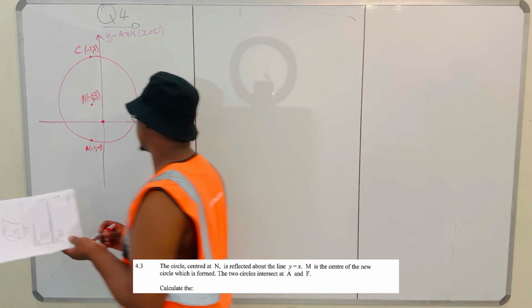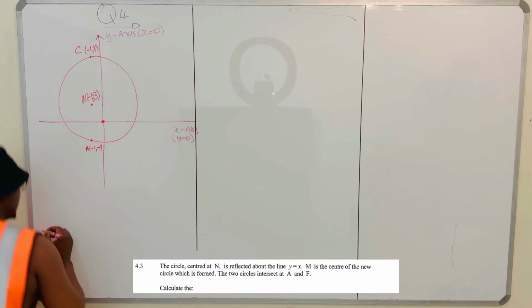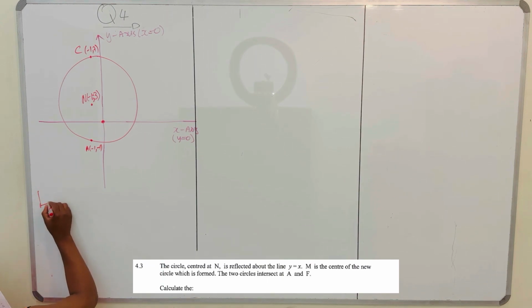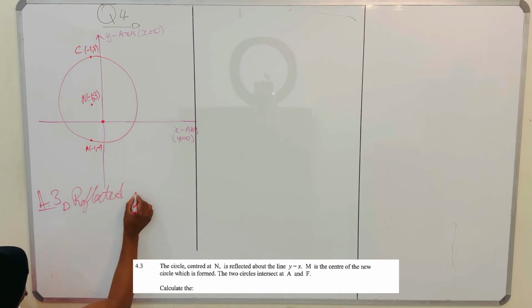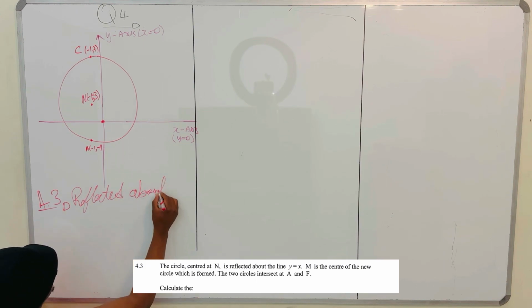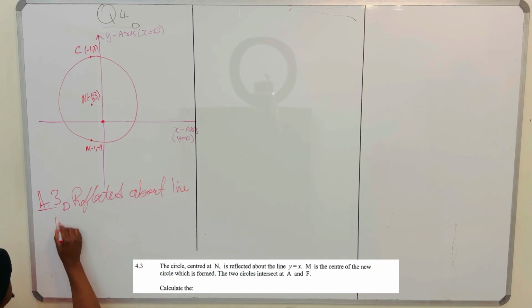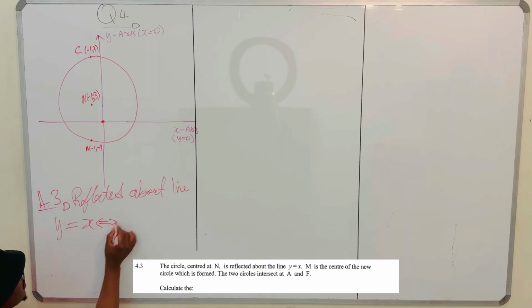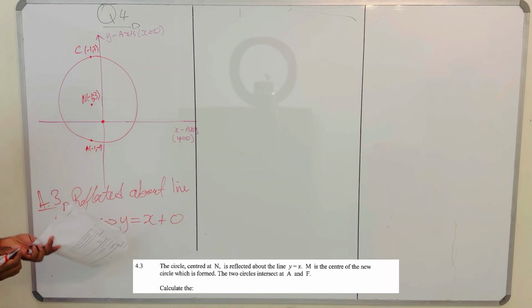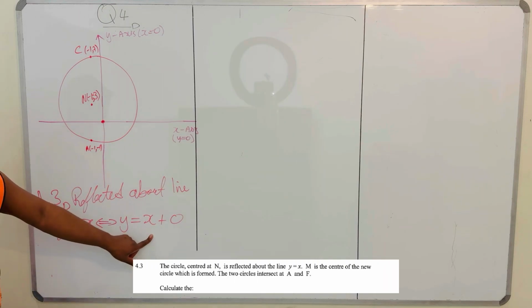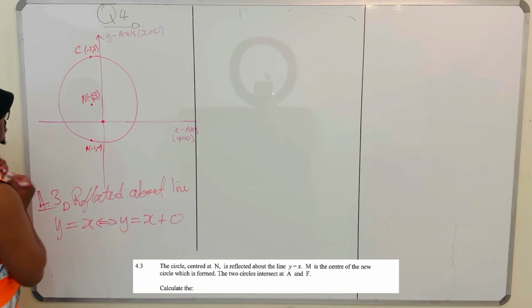So here's what happened. This circle here, this is 4.3, is reflected about the line y is equal to x. What is this? This is a straight line, you know it. It's y is equal to x plus 0. So it's a straight line that passes through the origin. The straight line that passes through the origin, which this line passes here.